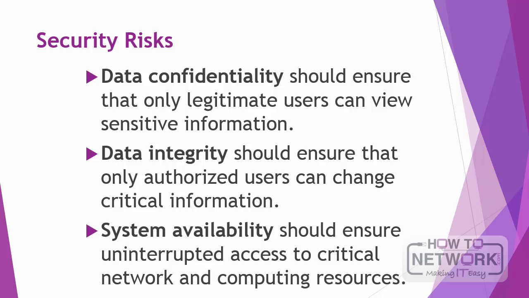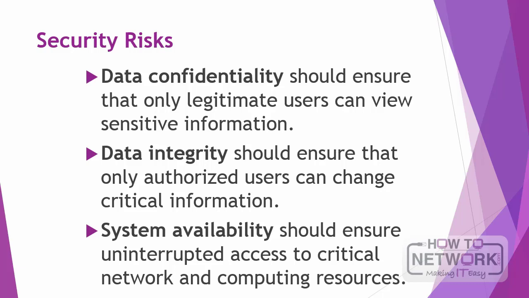Data integrity should ensure that only authorized users can change critical information. And system availability should ensure uninterrupted access to critical network and computing resources. In addition, the use of redundant hardware and encryption can significantly reduce the risks associated with all these three: system availability, data integrity, and data confidentiality.